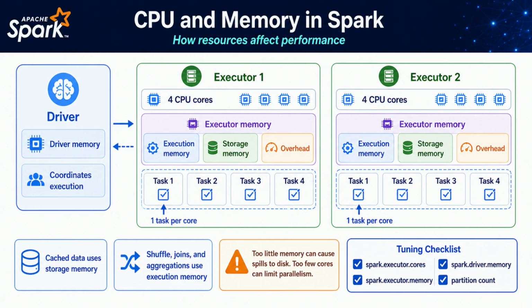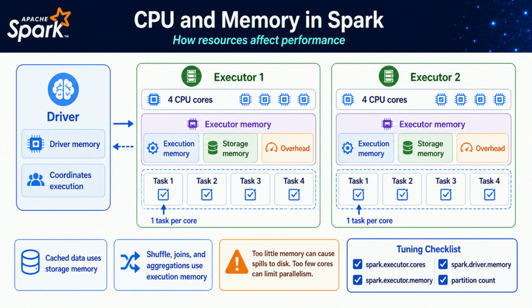Executor memory plays an equally important role in Spark performance. It is used for execution-related operations such as joining datasets, sorting data, and performing aggregations. Additionally, Spark uses memory to store cached or persisted data, which helps avoid recomputation and speeds up repeated queries. If the memory allocated to executors is too limited, Spark may need to spill data to disk, which is much slower than in-memory operations. This can lead to increased latency and reduced overall performance.